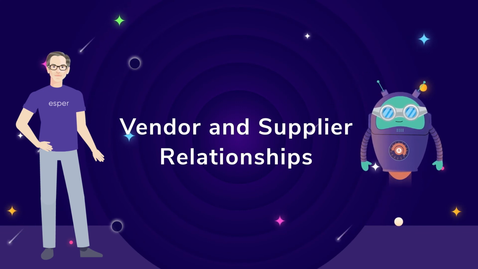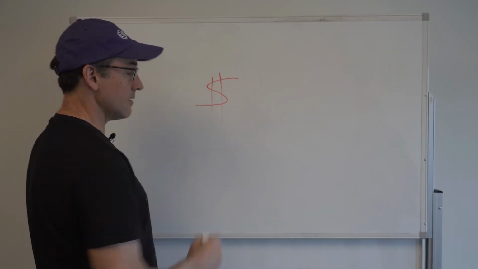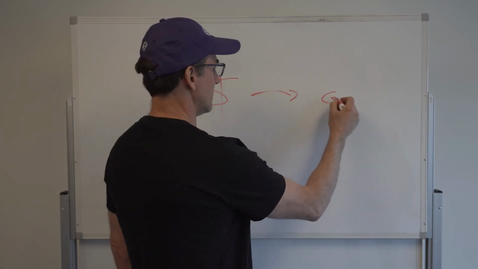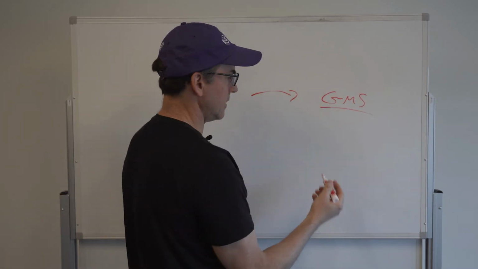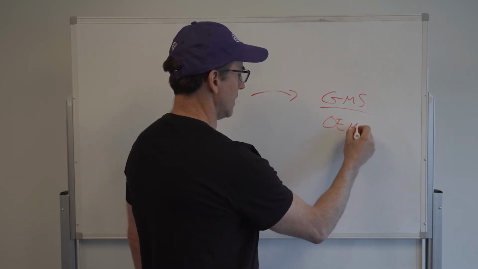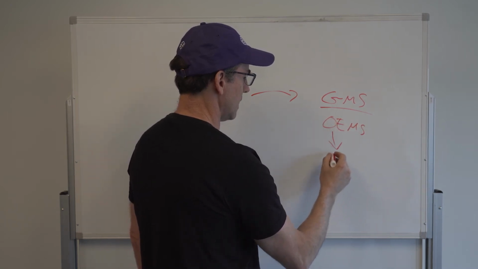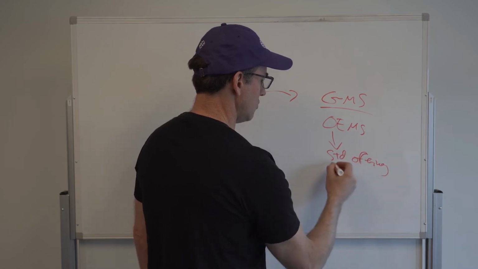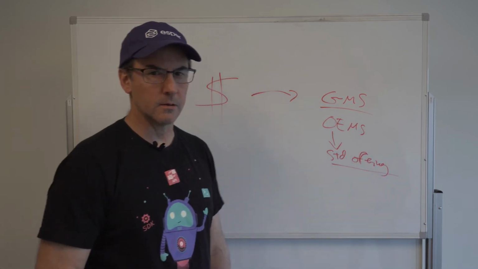The last but important consideration, I call it money, but it really is vendor and supplier relationships. When you go over to the GMS side, it's relatively clean because you're dealing primarily with OEMs. You're buying a standard offering, and so you know what you're getting into. It's already built.